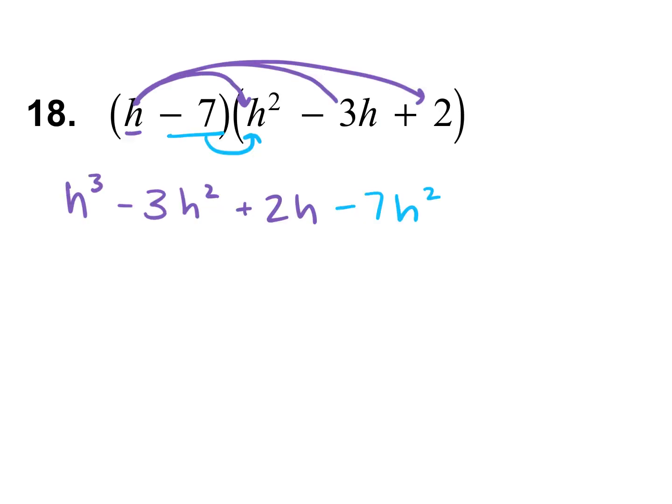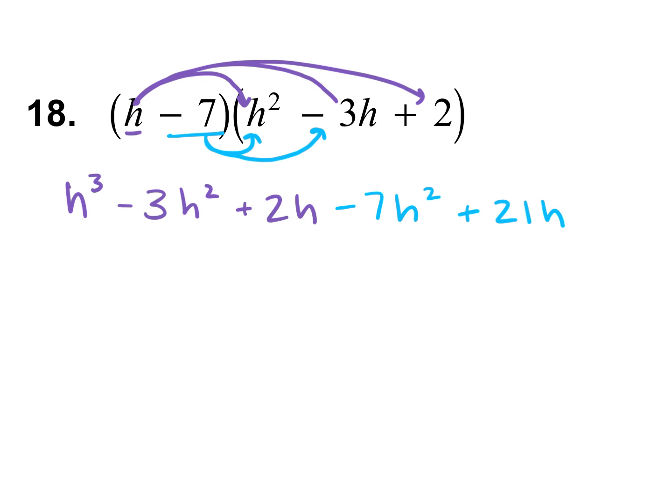So we just did -7 times h squared. Chloe, what do we do next? Richard, what's -7 times -3h? So it'd be positive because it's a negative times a negative. 21, and we have an h.